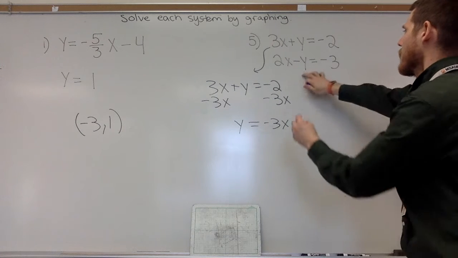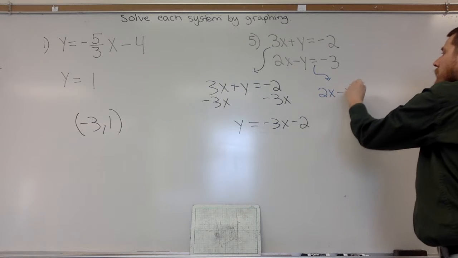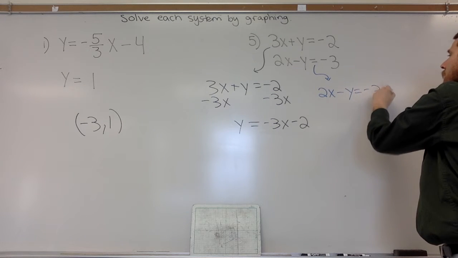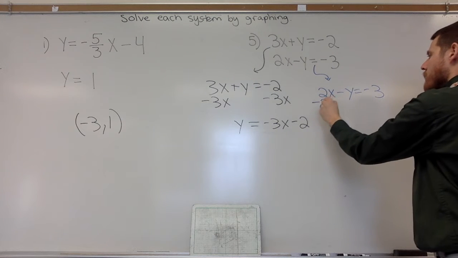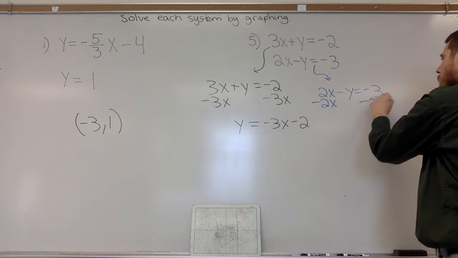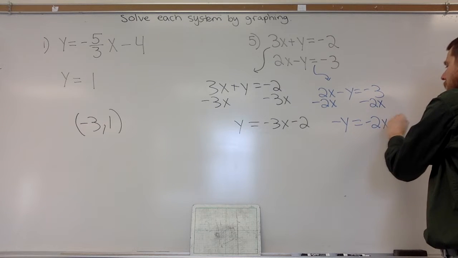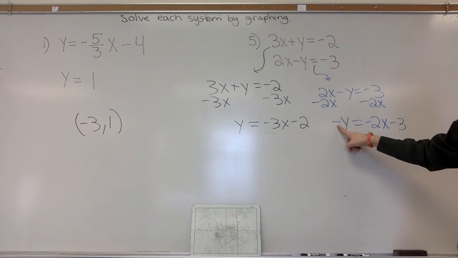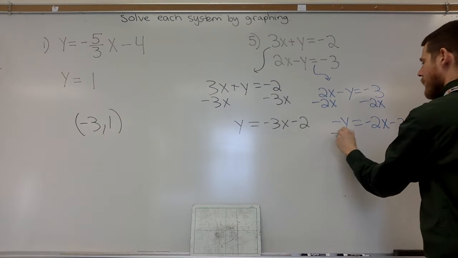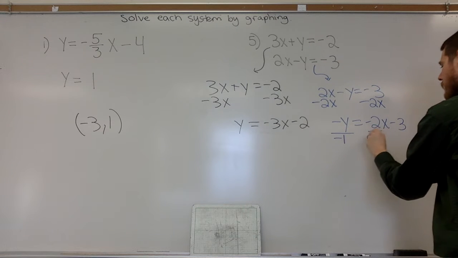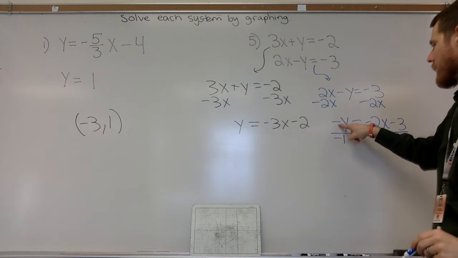The second line here has an extra step involved. I'm going to get rid of my 2x the same way that I got rid of the 3x, by doing -2x. What makes this problem a little different is I still have a negative in front of this y. Since that negative is there, now I need to use division because I'm trying to get rid of this negative.